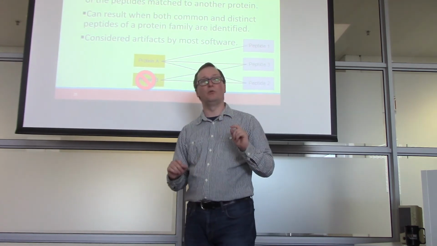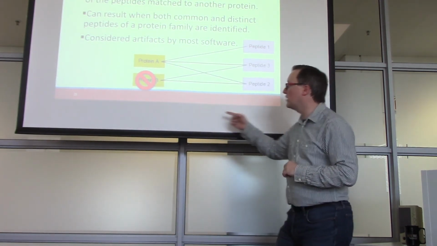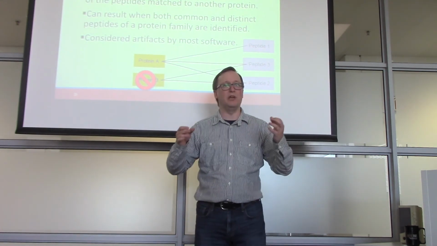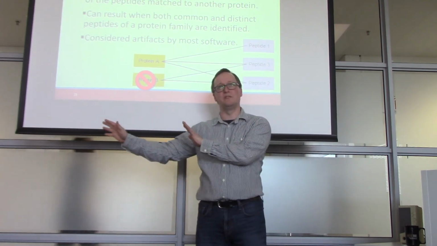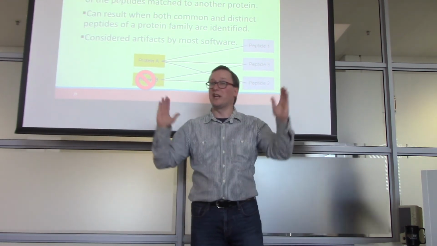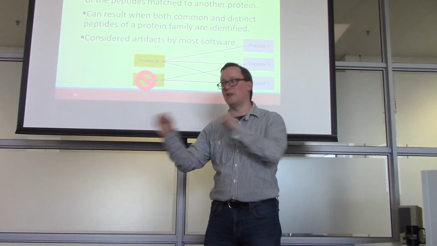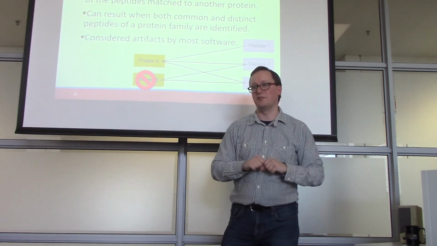Now, what happens if you run this experiment again, and this time you see a peptide 4 that could only be explained by the presence of protein B? Suddenly, it might appear that protein B has lots of evidence in sample 2 and 0 evidence in sample 1. So we have to be very careful about how we do protein inference so that we don't cause proteins to spontaneously vanish and appear across different samples.